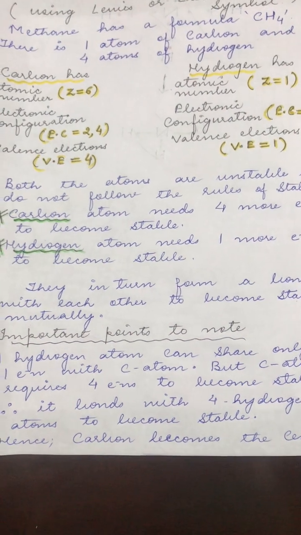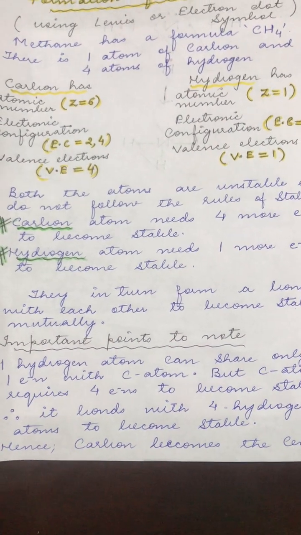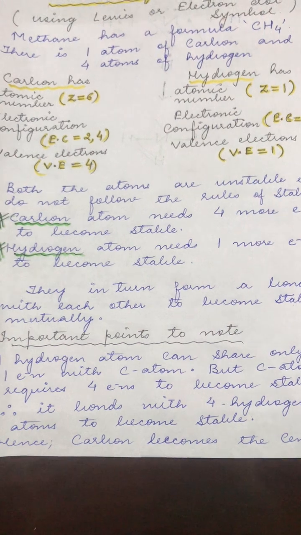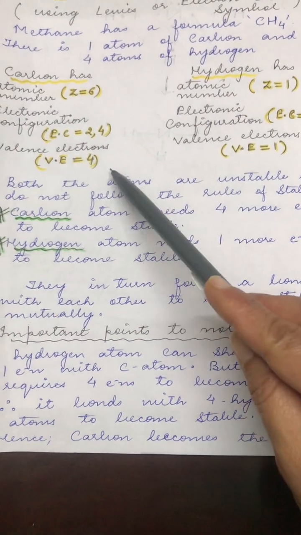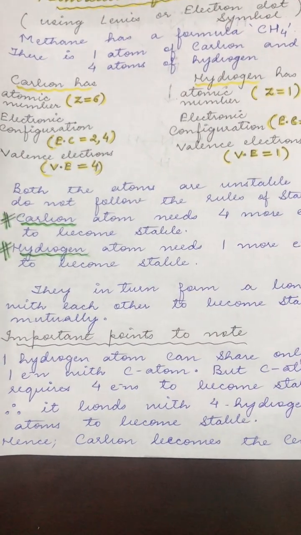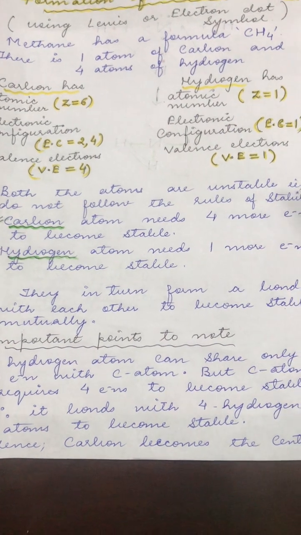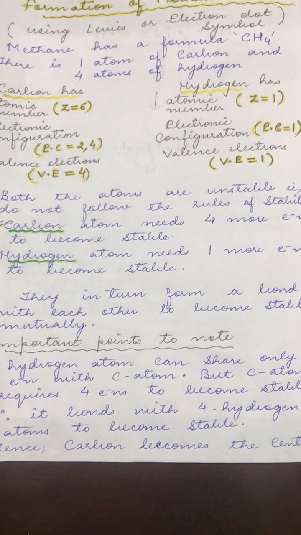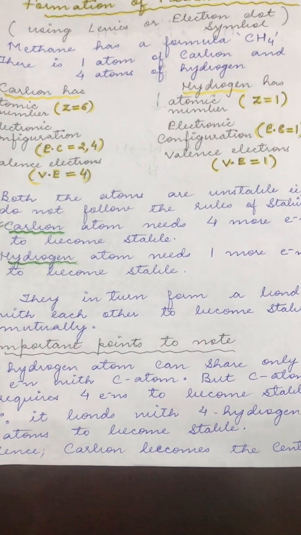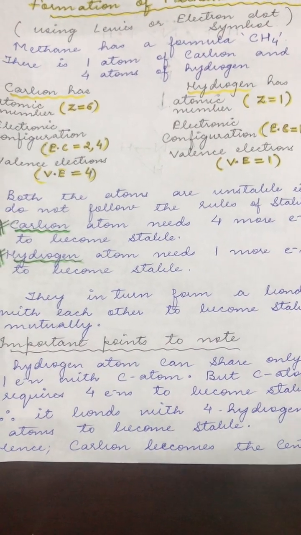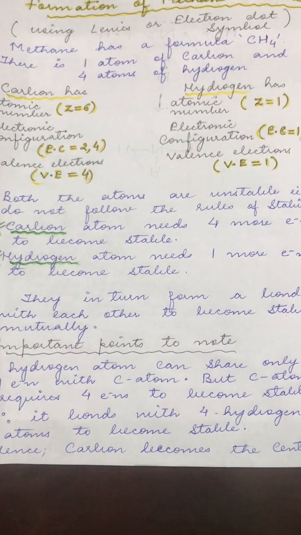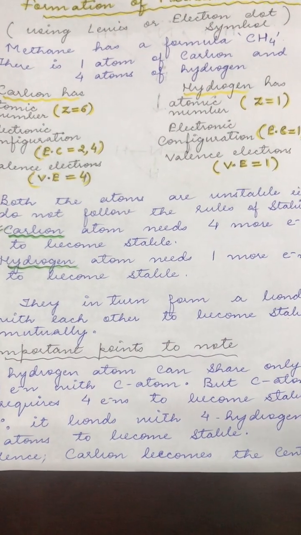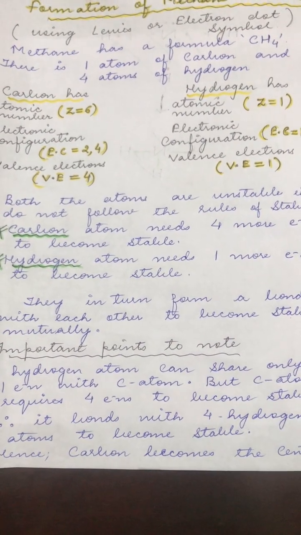Carbon requires 4 more electrons to become stable, since it has 4 electrons in its valence shell. Hydrogen, on the other hand, requires only 1 electron. So, to decide the central atom, the atom which requires more electrons is chosen as the central atom, that is, the atom which will be shown in the center.